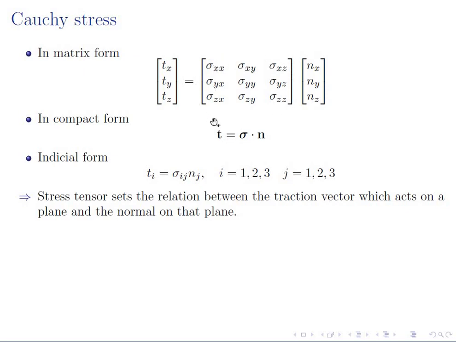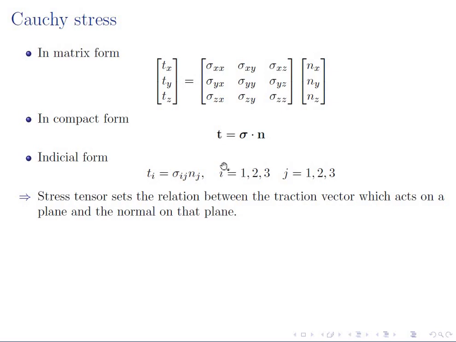Why is it called the Cauchy stress tensor? Of course, it was formulated by Cauchy, and secondly, it defines the forces in the current configuration with respect to the area defined in the current configuration.